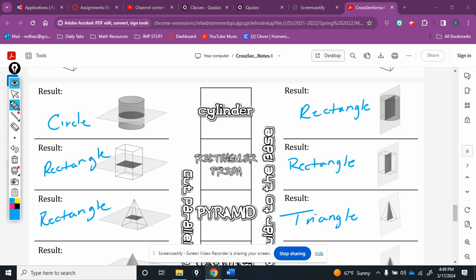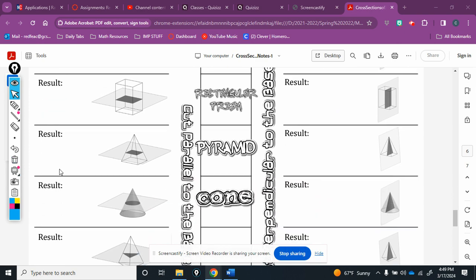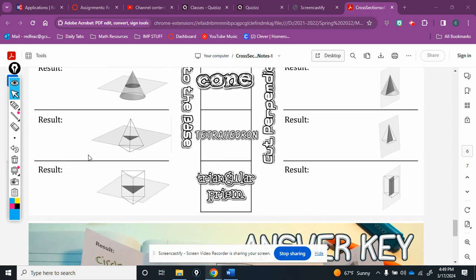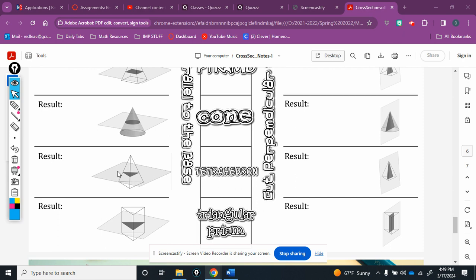Okay? So I want you to look at the rest of this paper and tell me what figures you're going to create by slicing it parallel to the base or slicing it perpendicular to the base. Okay?